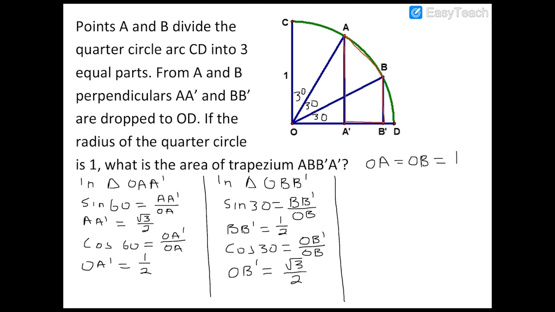And remember, we need A prime B prime, which will be equal to OB prime minus OA prime, and that will be root 3 over 2 minus 1 over 2. So this is just root 3 minus 1 all over 2.